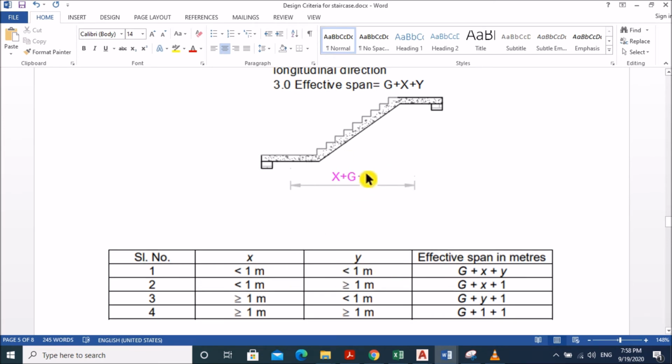If x and y are greater than 1, then the effective span will be g plus 1 plus 1. And if it is less than 1, then we use x plus y. This table also gives the criteria for how to take x and y.